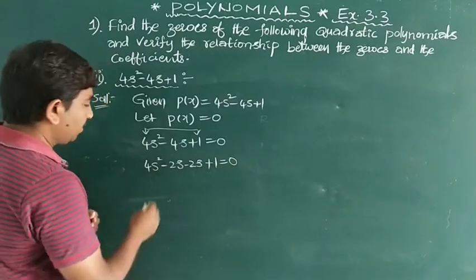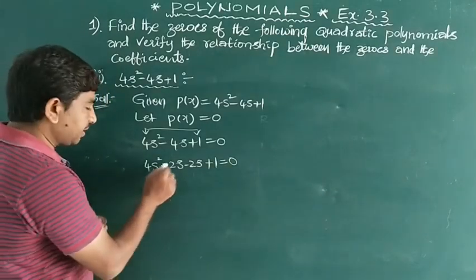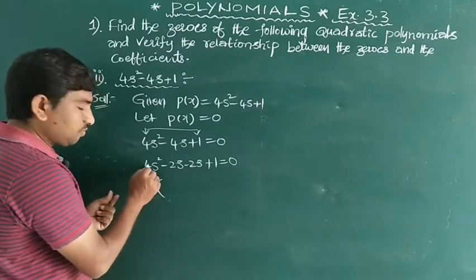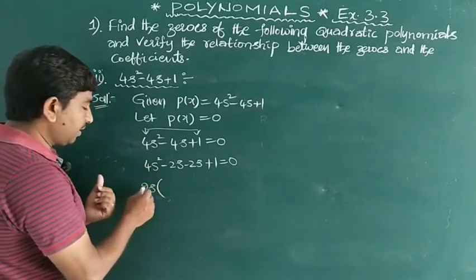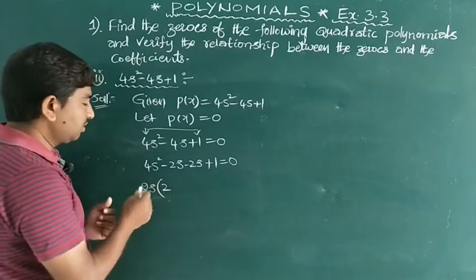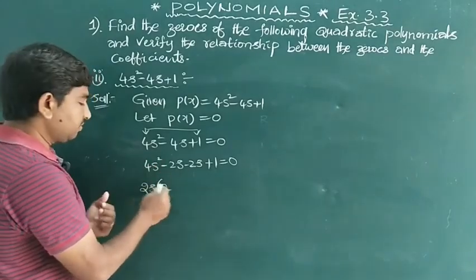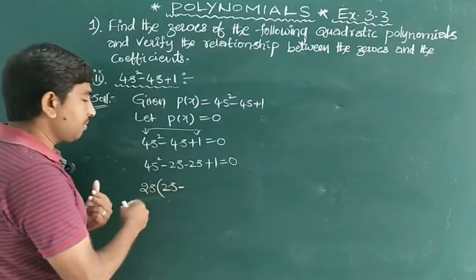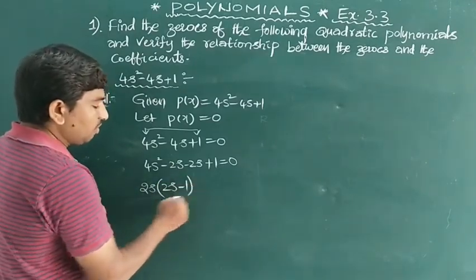Now from these two, we take 2s common. What is left here? From 4s square we have taken 2s common, then 2s is left. And from the second part, as 2s is common, only 1 is left.